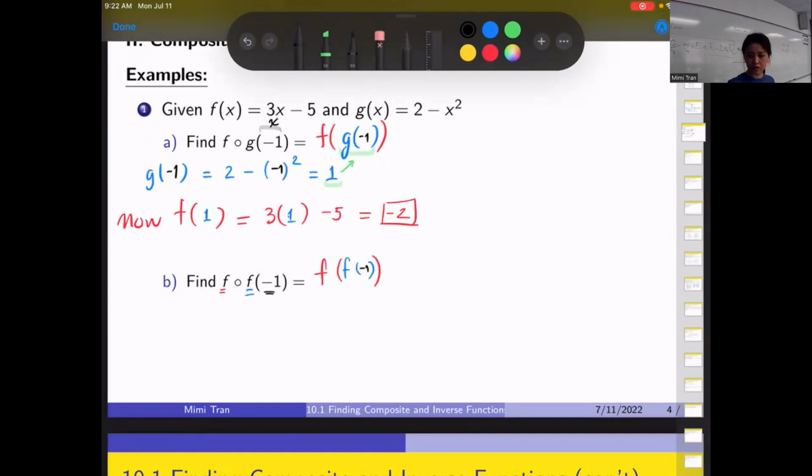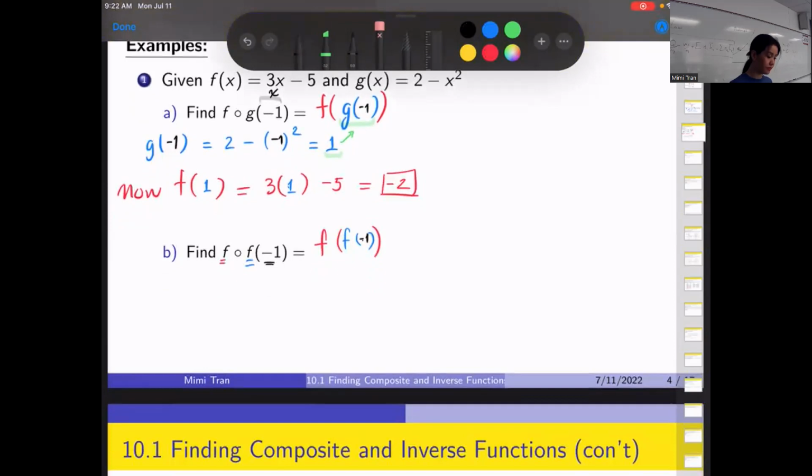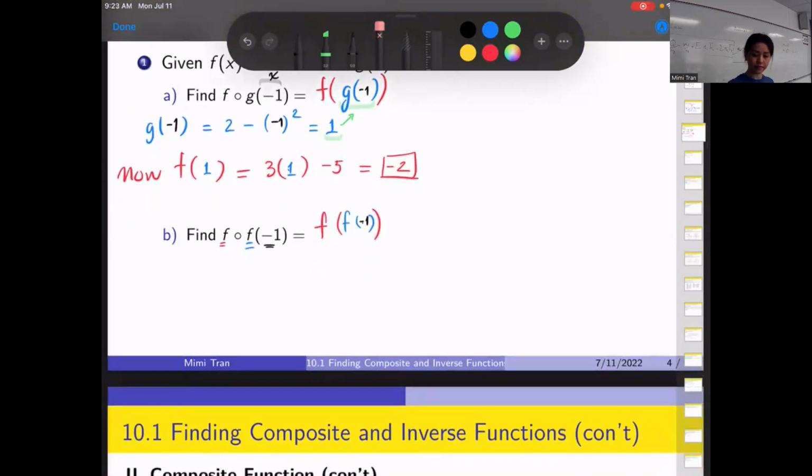Does anyone have the same answer Devin does? What you got, Taylor? Corey, -8. Thank you, Corey. I don't know which one is correct till I finish the problem, but I appreciate you guys trying to work it out.